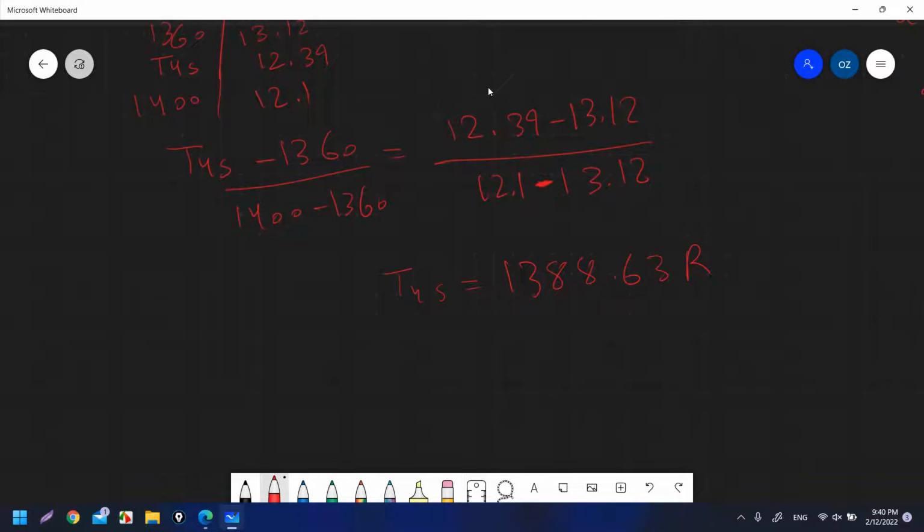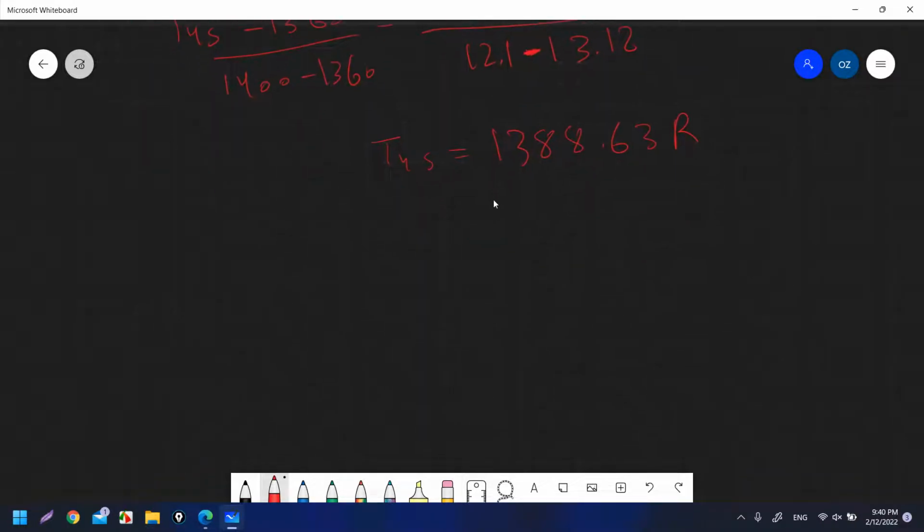And from T4S, I will use the isentropic efficiency of expansion, and it is equal to T3 minus T4A over T3 minus T4S, and I want to find T4A. T4A is equal to T3 minus the isentropic efficiency times T3 minus T4S.